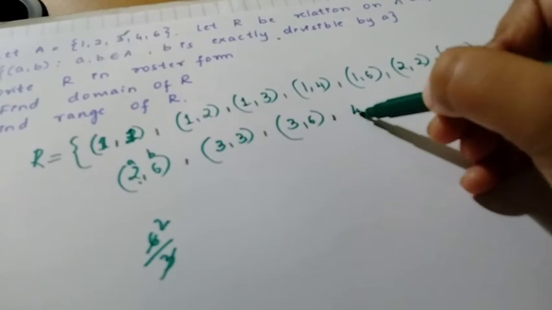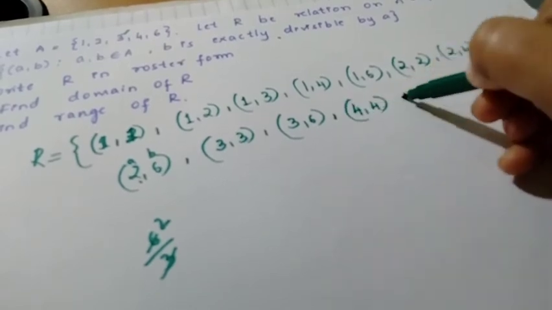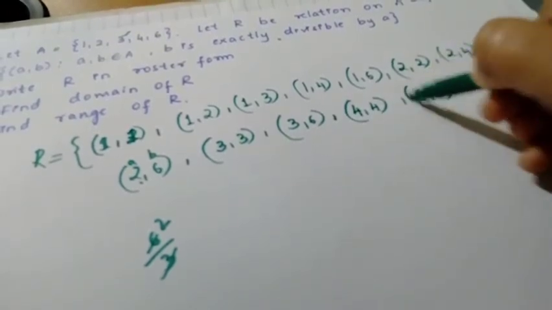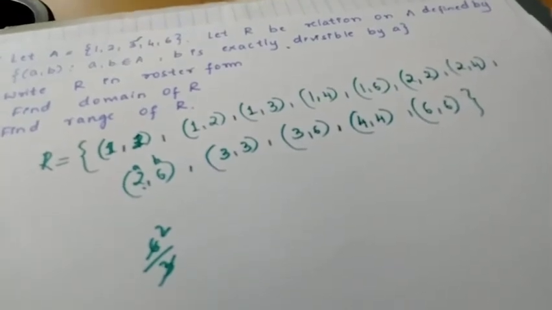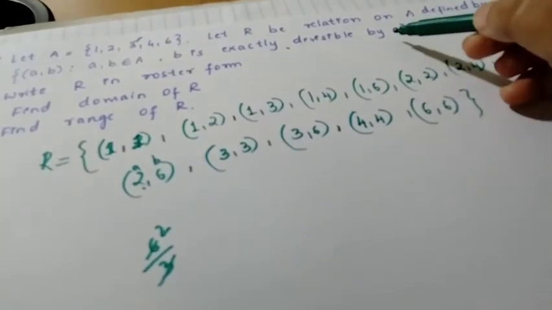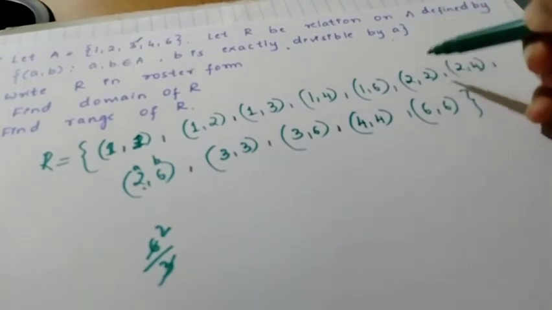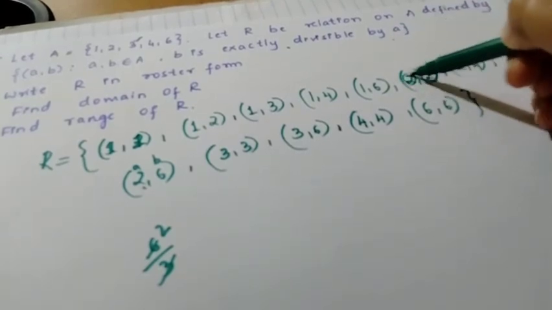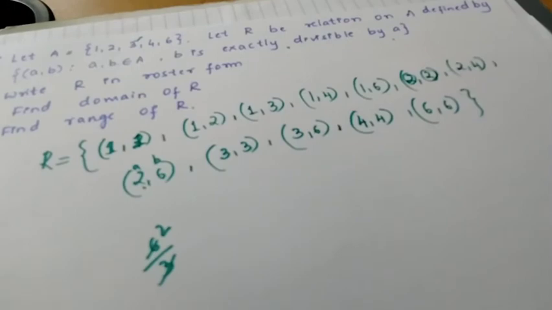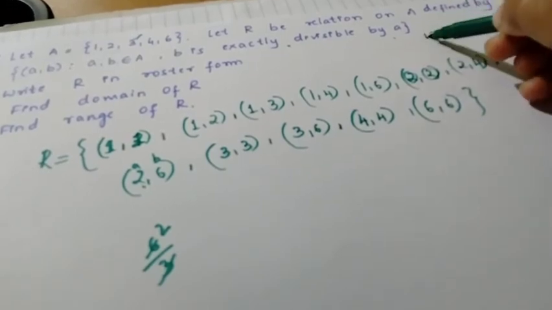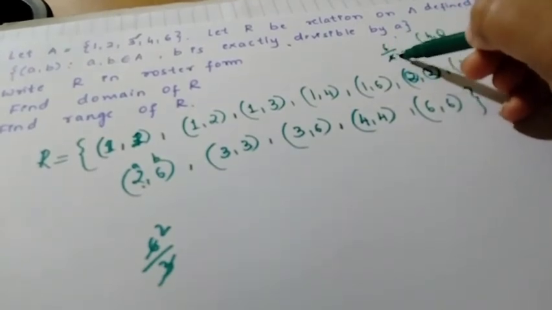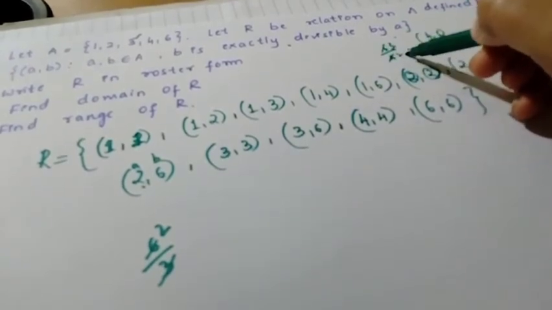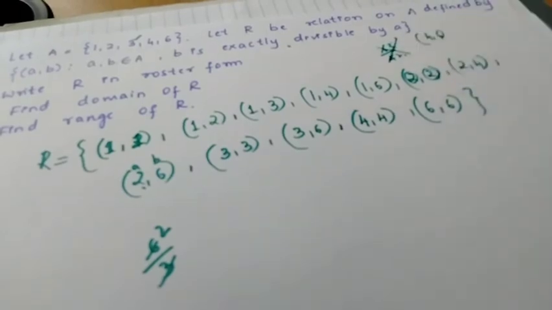Next (4, 4) I can take and (6, 6) I can take. So these are the numbers in the form where b is exactly divisible by a. If you take this as b and this as a, when divided it should be exactly divisible. Clear? (4, 6) you cannot take, because 6 divided by 4: 2 twos are 4, and you get 3 by 2. It is not exactly divisible.